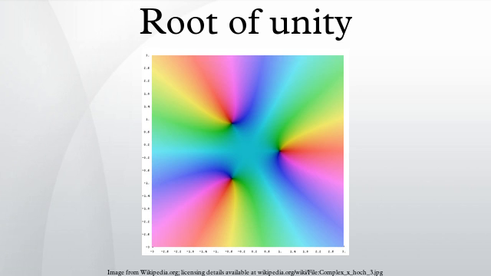Relation to integer rings: for n equals 2, both roots of unity 1 and minus 1 belong to Z. For certain n the corresponding roots of unity are quadratic integers. For n equals 3, 6 they are Eisenstein integers. For n equals 4 they are Gaussian integers, see imaginary unit.